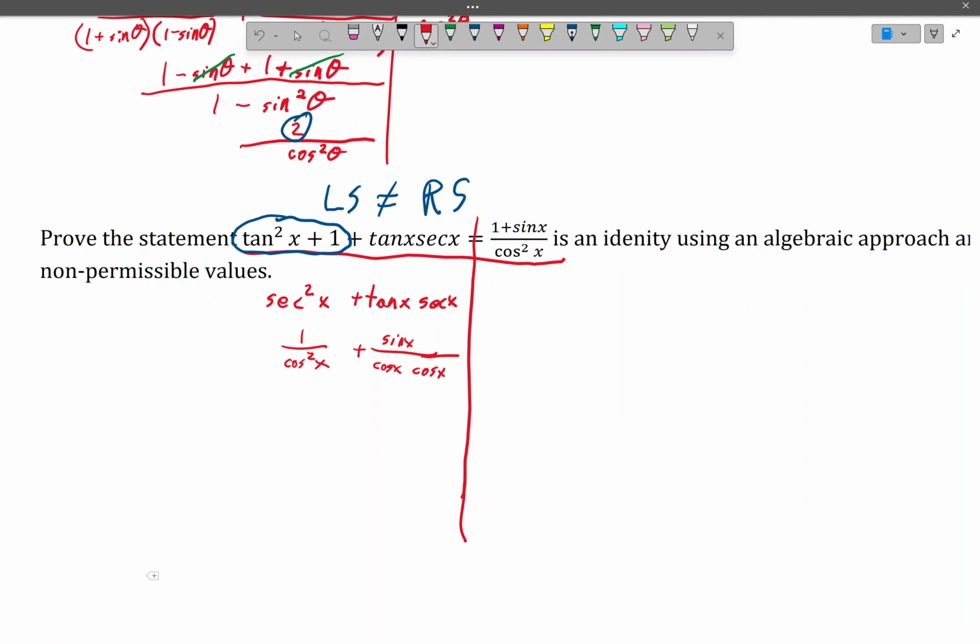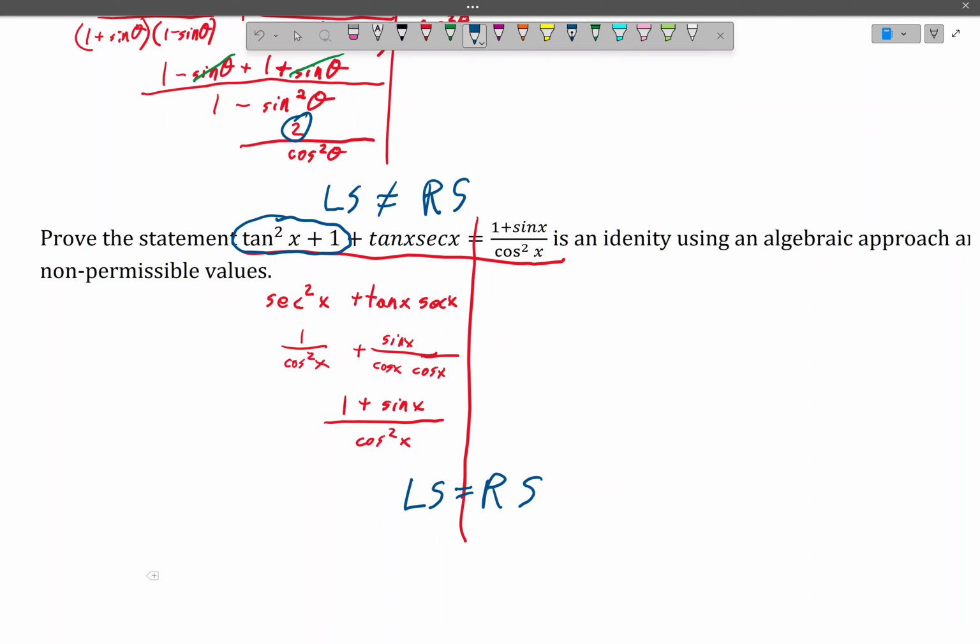So the denominators are actually the same. It's cos squared x, and so we can just add the numerators, which is 1 plus sine x. And actually, it ended up being a lot less work than you'd think, given how big that initial expression is.